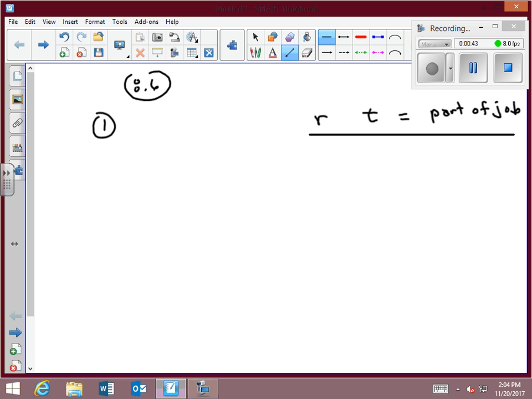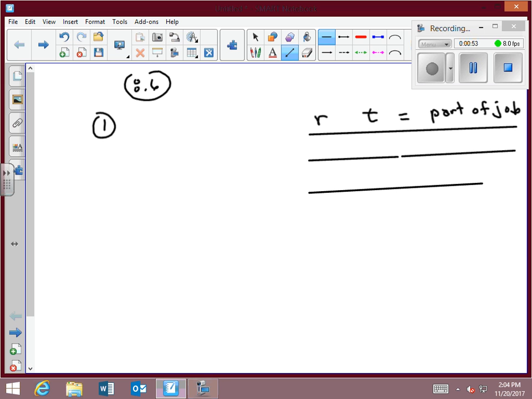Then I'm just going to set a table up to identify the information that you have, to try to organize the information so that you can figure out an equation from it. So generally every one of the problems is going to have that table.